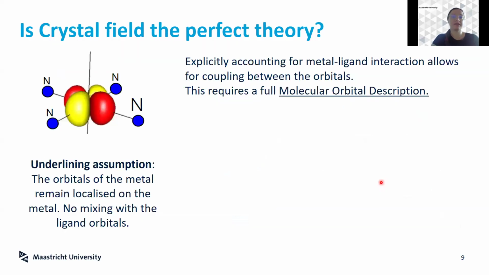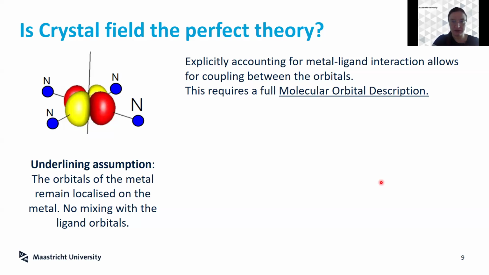Now, is crystal field the perfect theory? Would we be having this conversation if it were? So the underlying assumption of crystal field theory is that the metal is left unperturbed. So you are switching the energies, but you're considering that there is no interaction with the orbitals of the ligand.